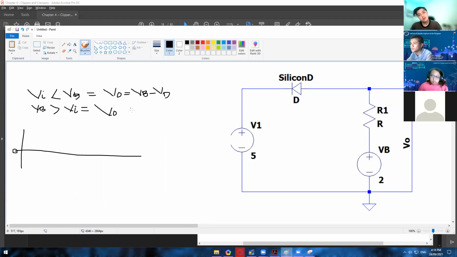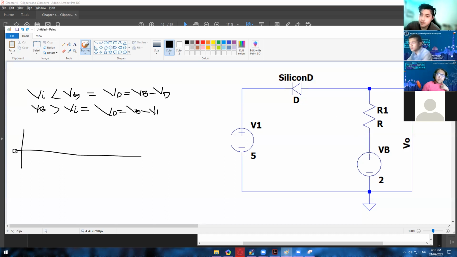We have VB minus VD also, because our flow of current is this one, and it will become forward bias. Okay. Anyway, this is the one assumption we have here. So I think the result is the same, whether VI is less than VB or VB is greater than VI.